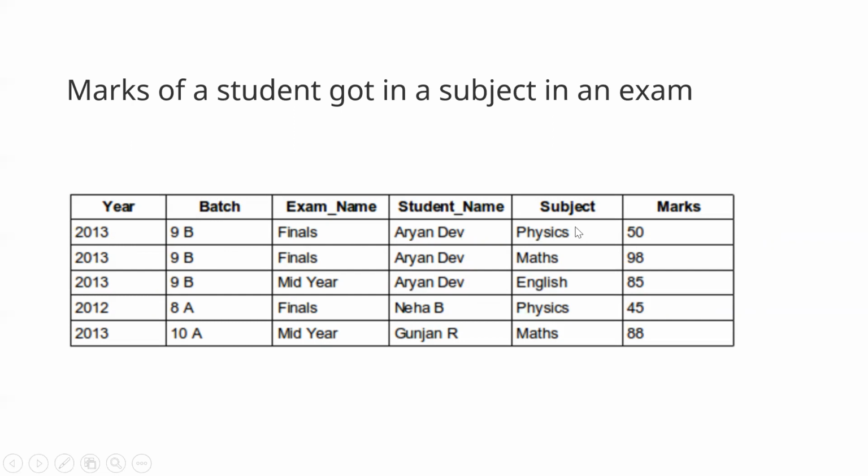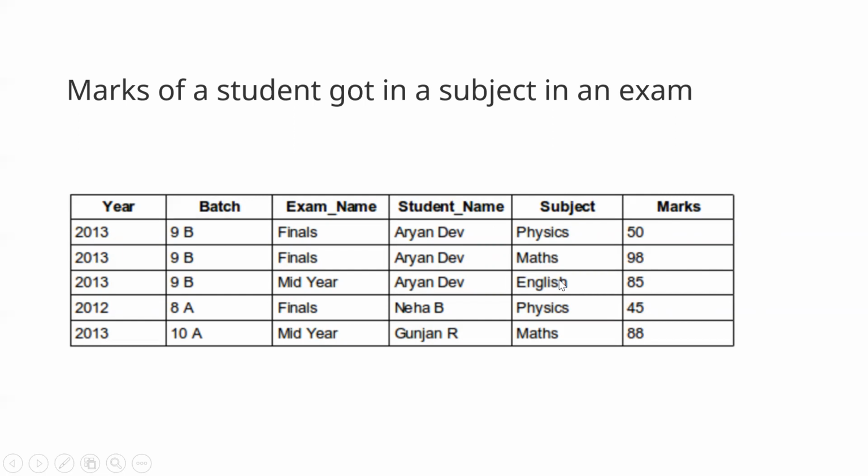If we have a group by clause on top of subject for a particular student, we are neglecting the subject. We are summing up the marks for Aryan Dev and putting it here. So there is no subject column, and the line items will not be split based on physics, maths, and English.